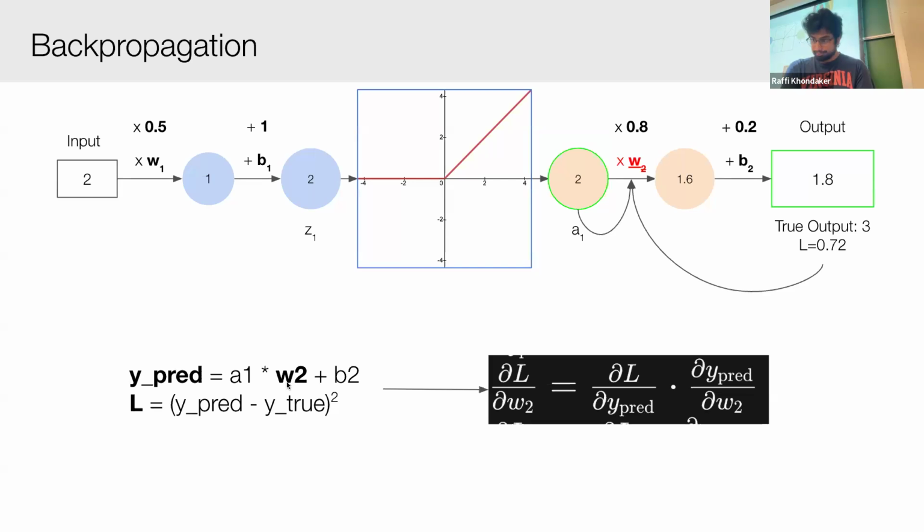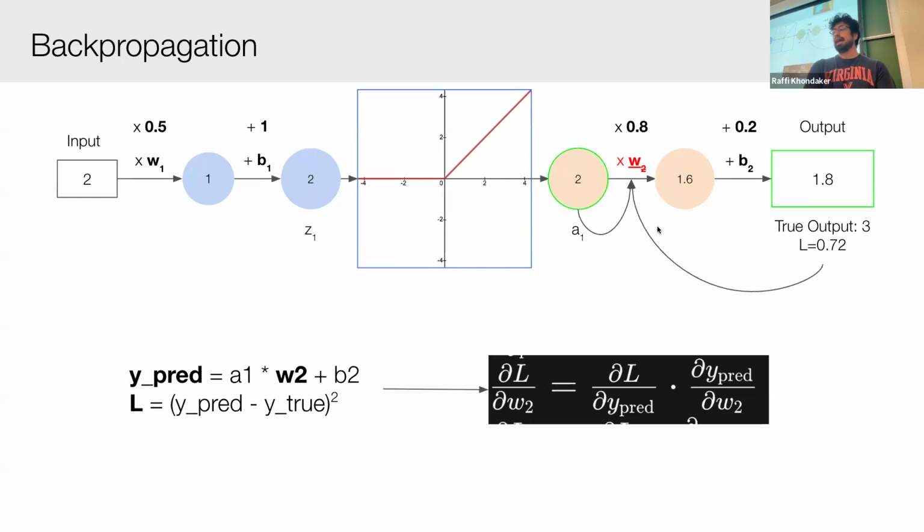So we treat A1, the output of our ReLU, as just a coefficient to our input variable. Same with that bias. Then to get the derivative, we use the chain rule. Do you guys remember what the chain rule is? To take this derivative, we take the derivative of the loss with respect to the prediction itself, times the derivative of the prediction with respect to the weight.